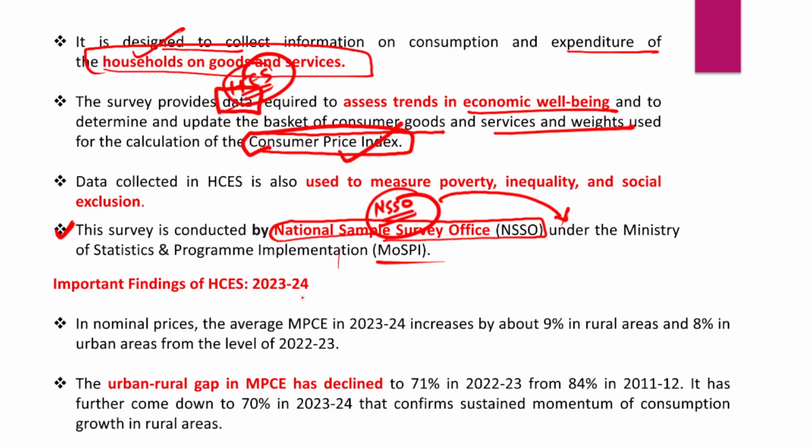price index. And why is this survey and the data collected by it very important? Because this data can be used to measure poverty, inequality, as well as social exclusion. These are social problems that we have been facing, and it is very important that we regularly measure the level of poverty, inequality, and social exclusion.